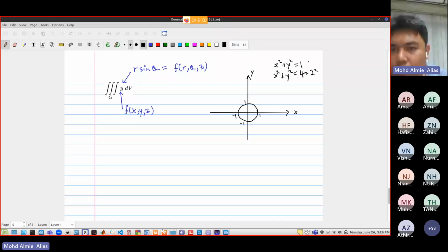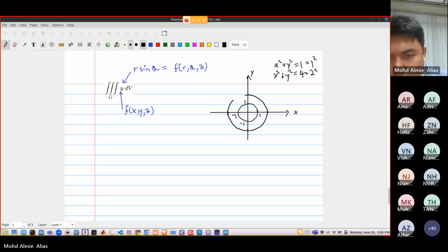This is 1, which is 1 squared. Let me just create the marks here and connect them. Something like this. So this is 2, this is 2, this is -2, and this is -2.